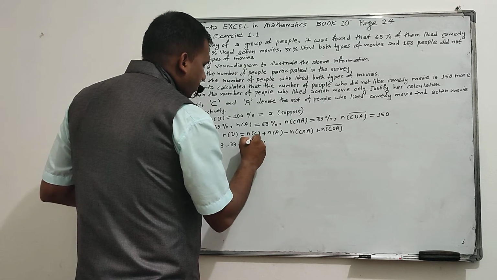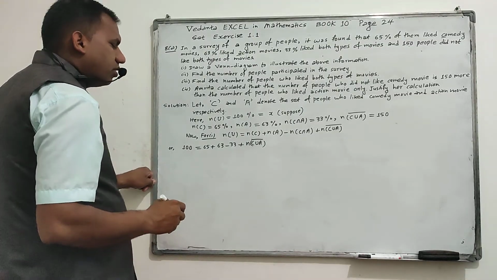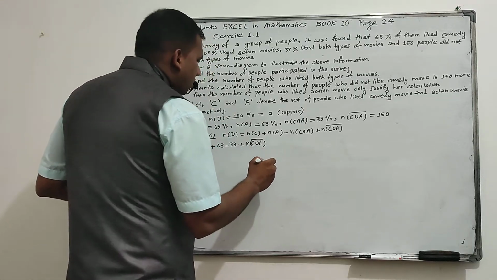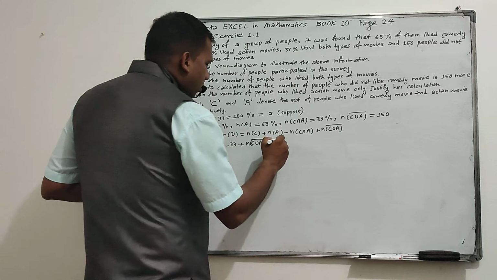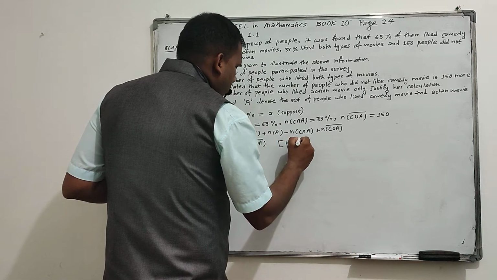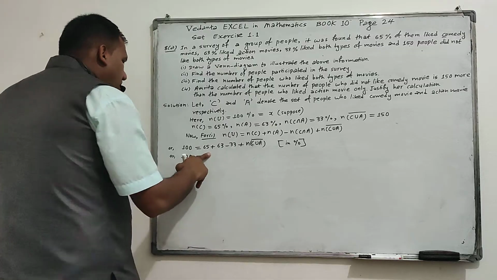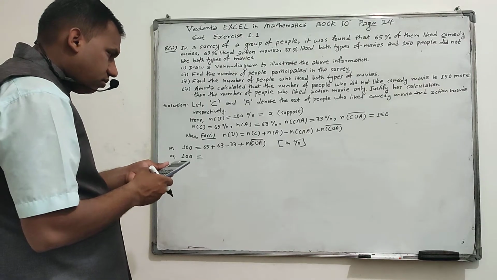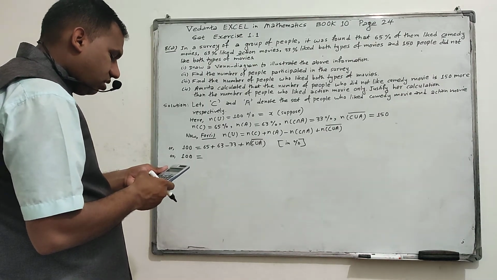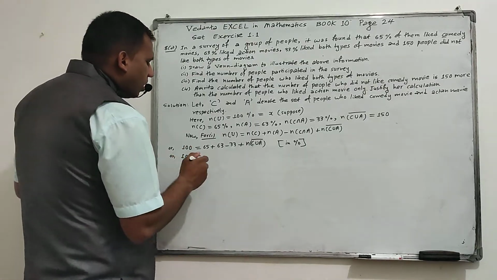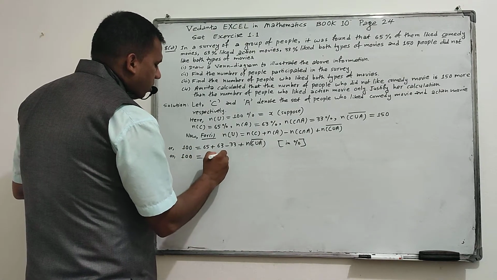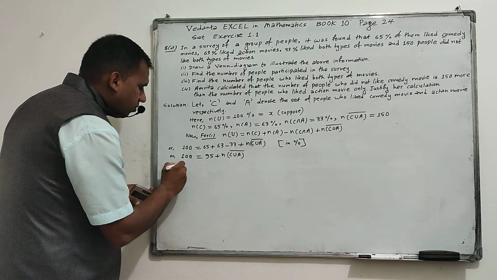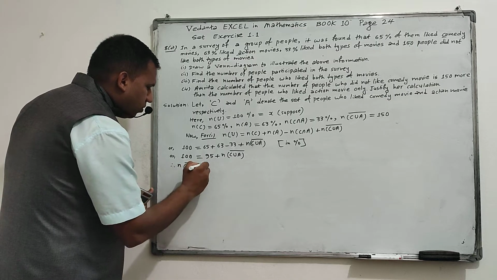This is not in percent, so it is all in percentage mentioned here. 65 plus 63 minus 33 becomes 95, plus n((C union A) complement). Therefore, n((C union A) complement) equals 5%.